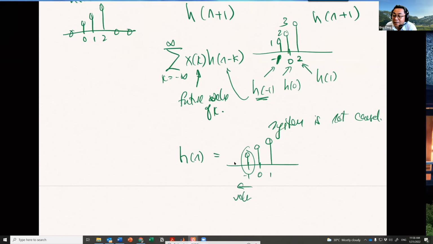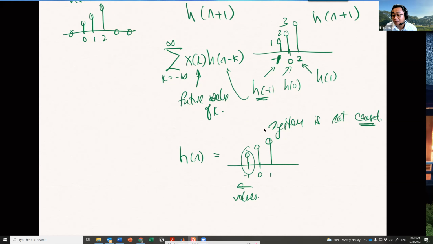When this happens, then you will realize that I need future values of x to evaluate h of n minus k. And when this happens, then we are looking ahead of the input to evaluate the convolution equation. In real systems, we only have past values to evaluate for future value. So in real systems, the system is causal.